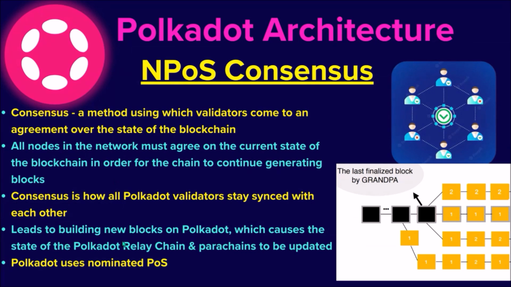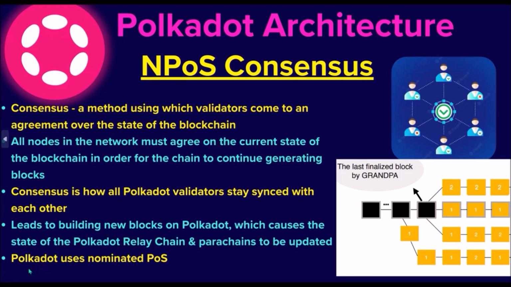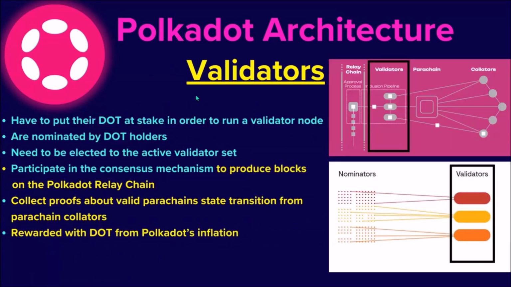Consensus leads to building new blocks on Polkadot, which subsequently causes the state of the Polkadot relay chain and all parachains to be updated. And Polkadot uses nominated proof of stake consensus, where DOT holders nominate their DOT to validators. And so consensus is taking us to the main participants on Polkadot, which are validators, nominators and collators.